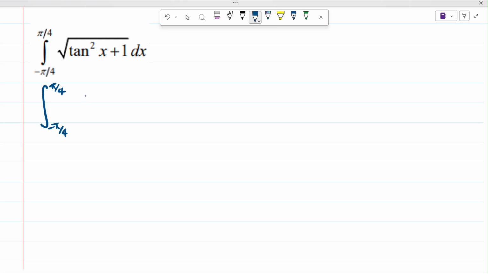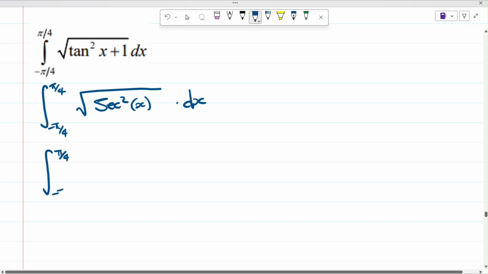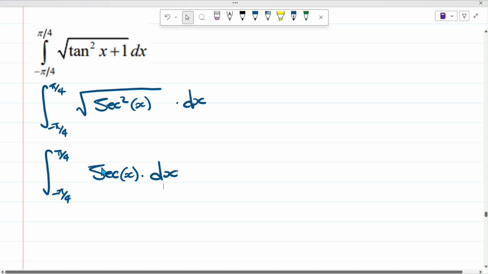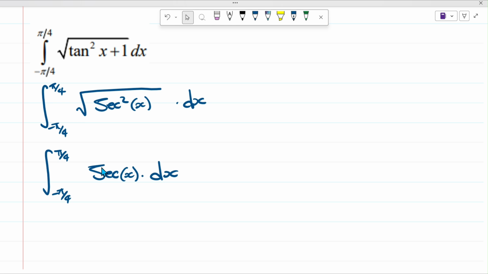So this is going to be the integral from negative pi over 4 to pi over 4 of the square root of sec squared of x, right? I should not forget my dx. The square root and the square are going to cancel each other. We'll be left with the integral from negative pi over 4 to pi over 4 of sec x dx. And then the integral of sec x is what?